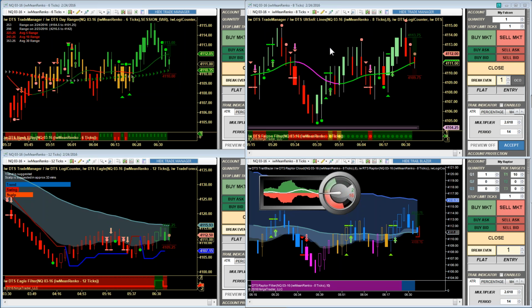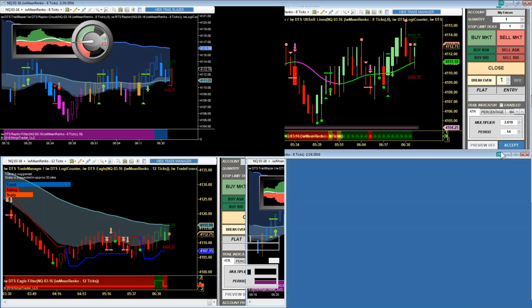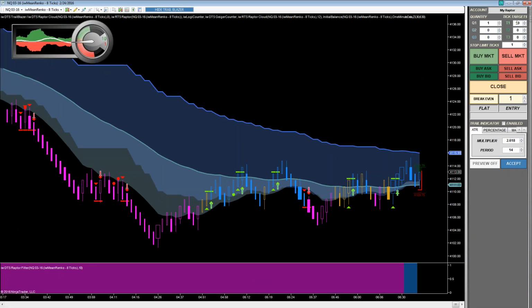Top right is the Falcon Swing Trader. Bottom left is the Eagle Trend Trader. And the bottom right is the latest addition to the DTS family. This is the Raptor, and the Raptor is a combination of the other three trading tools all incorporated into one.